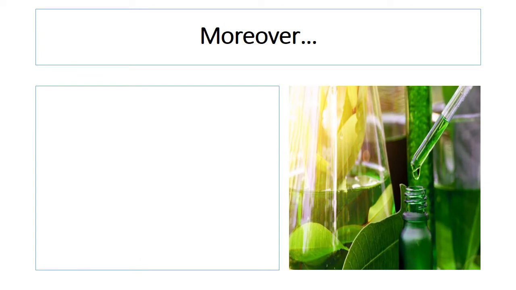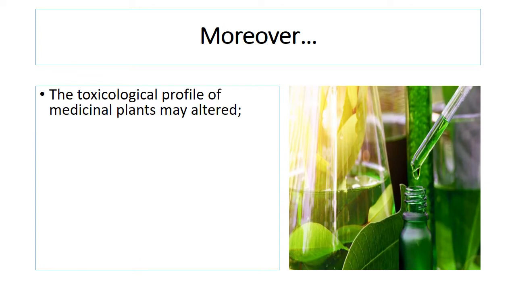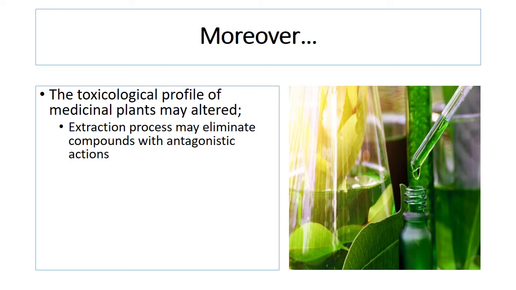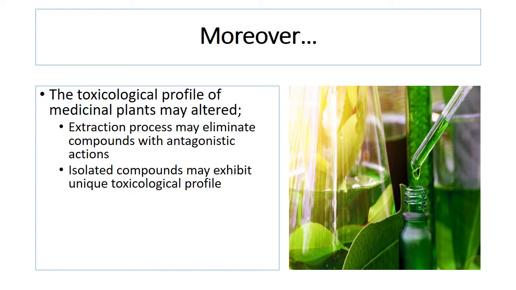And then another thing is, unless the drugs or the herbs are being used in exactly the same manner that they are used traditionally, the extraction methods or processes that we use could actually change or alter the toxicological profile of the medicinal plants.